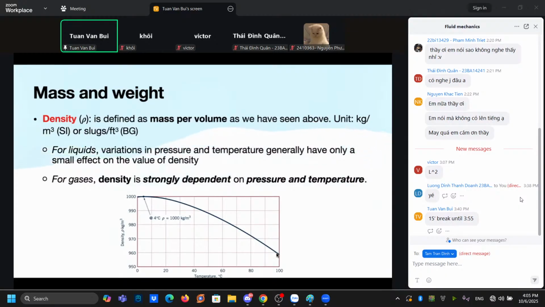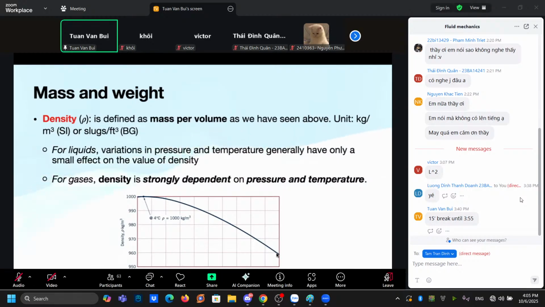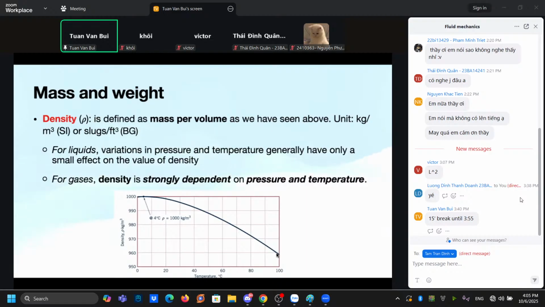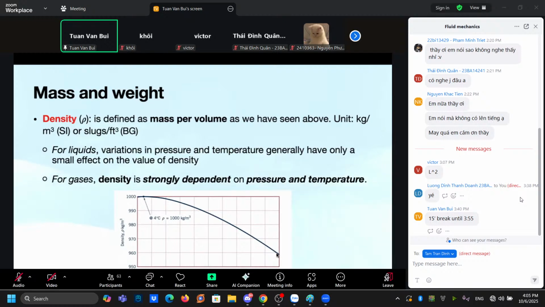So that's why the density will also decrease. Okay. This is similar in many other fluids.